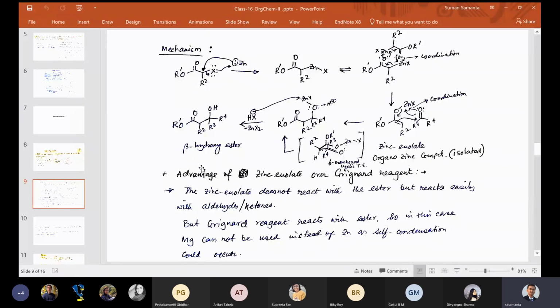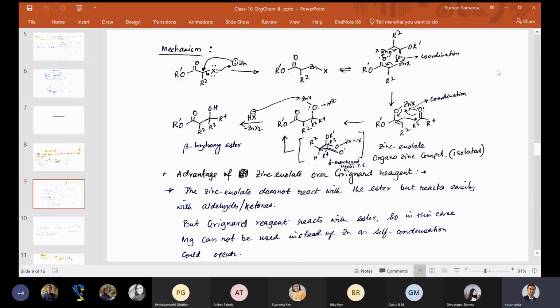There is one advantage of this Reformatsky reaction by using zinc enolate over the Grignard reagent. The zinc enolate is not as reactive as the magnesium compound, the Grignard reagent. Grignard reagent is a bit stronger than the zinc compound, and because of that, this zinc compound does not react with this ester. You have seen in the Grignard reaction, we protected all the aldehyde or ketone or esters.